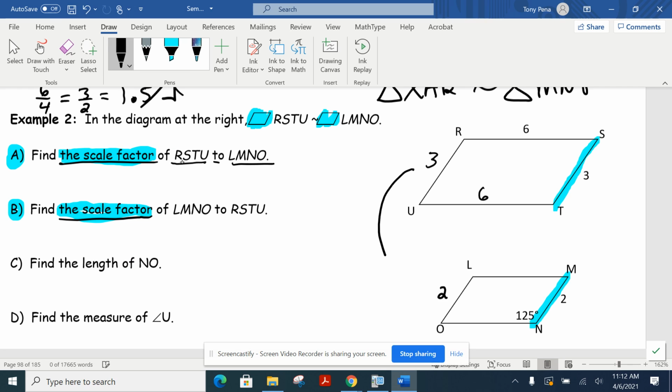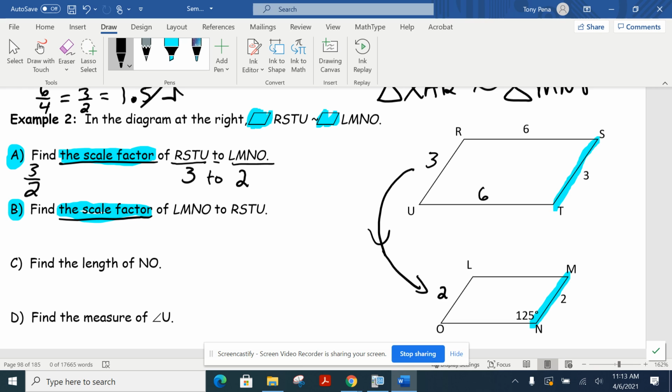So we're going to go from this one down to this one. So when we set this up, the corresponding side we knew up here would have been a 3 in that parallelogram, and then the corresponding side down here would be a 2. So 3 to 2. You can absolutely write that as a fraction as well, 3 to 2.